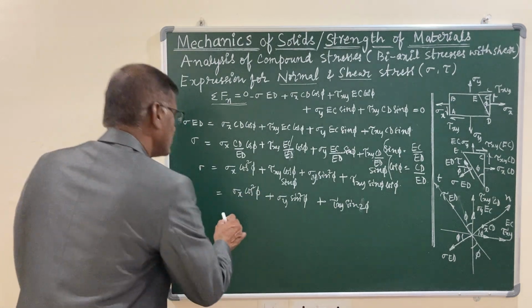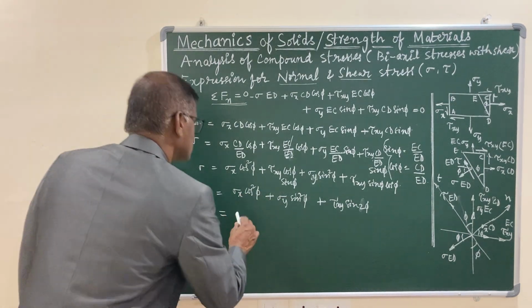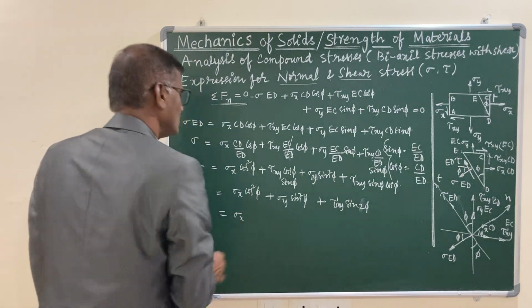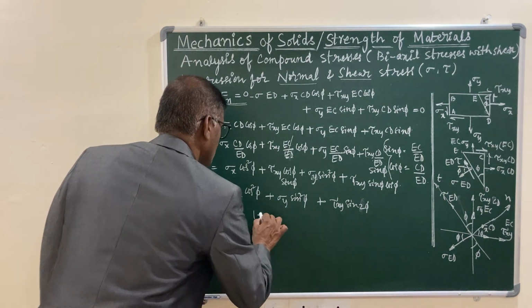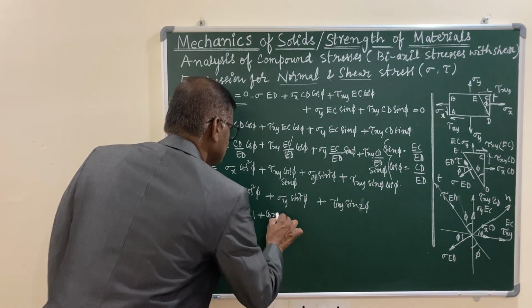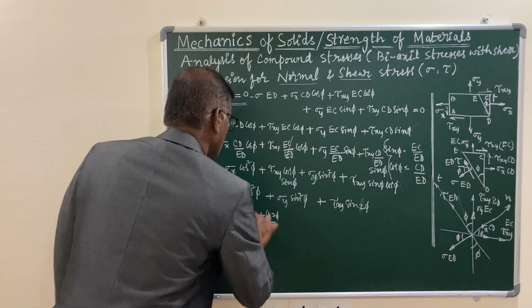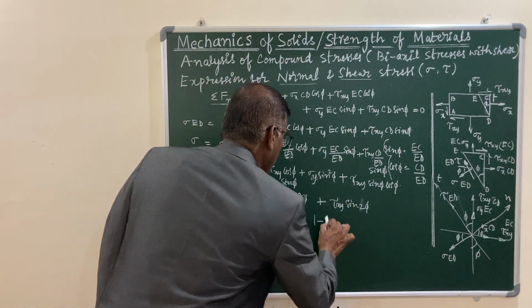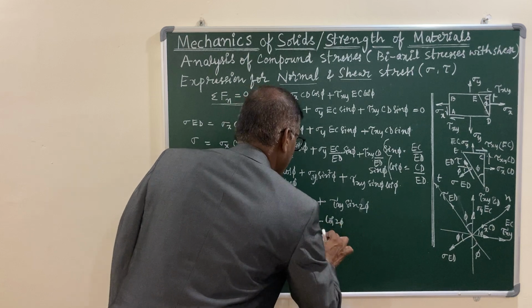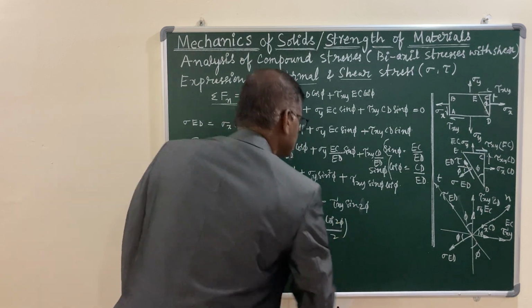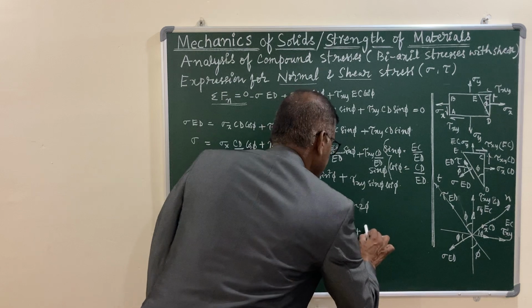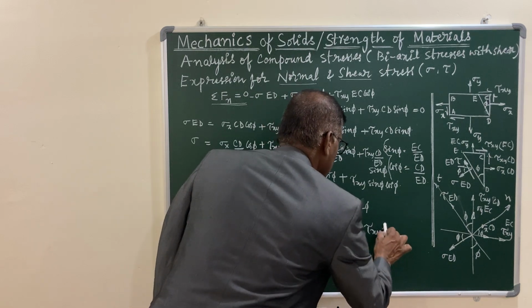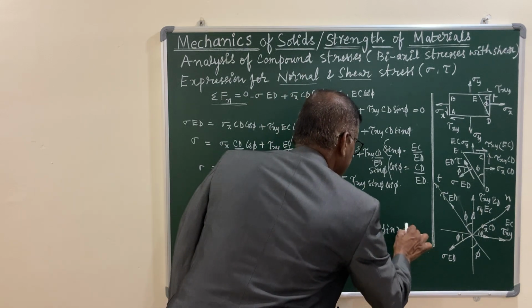And you can expand this, it is sigma x into cos square, you can write it as cos 2 phi by 2, plus sigma y into 1 minus cos 2 phi by 2, plus tau xy sin 2 phi.